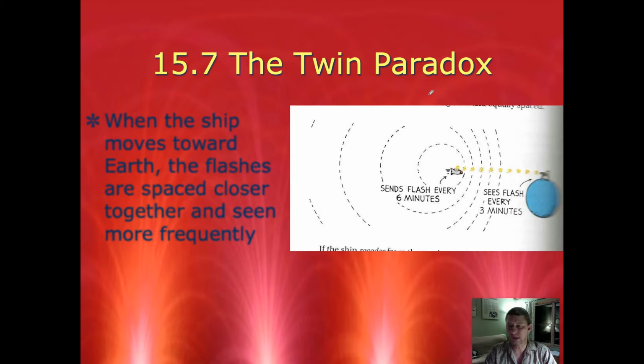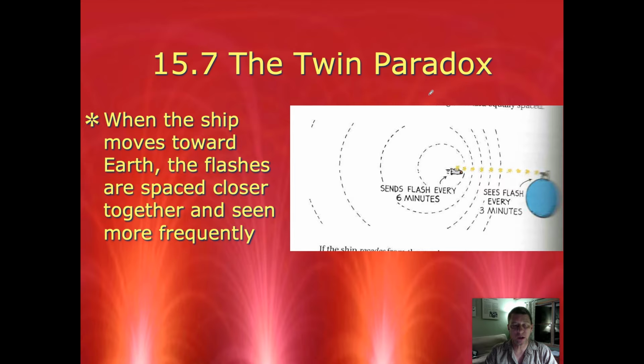That diagram is a little bit blurry, but again, the spaceship is still flashing the light every 6 minutes. But because it's moving so fast, it's actually catching up with the beams of light, the flashes of light. And so the twin on Earth is going to actually see flashes every 3 minutes.